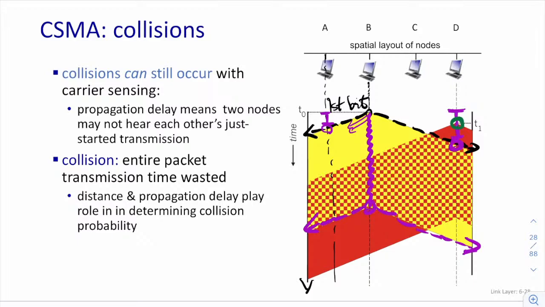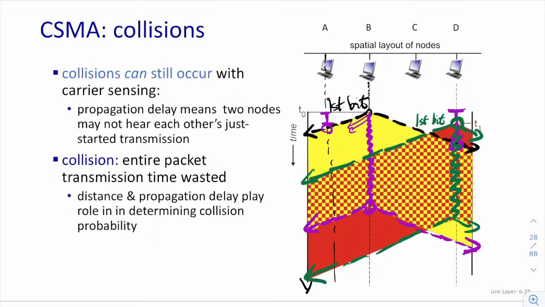So at this T1 moment, when D senses the channel, it is empty. So D will send its first bit out, and so on and so forth. And that is the last bit sent by D.